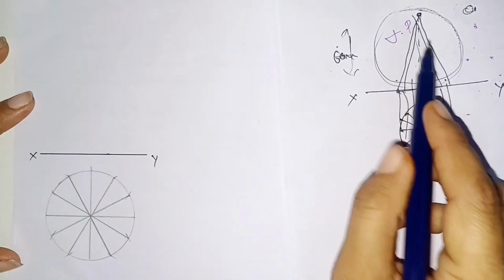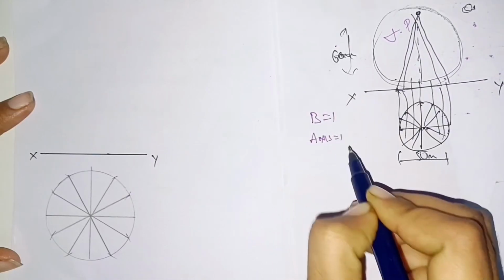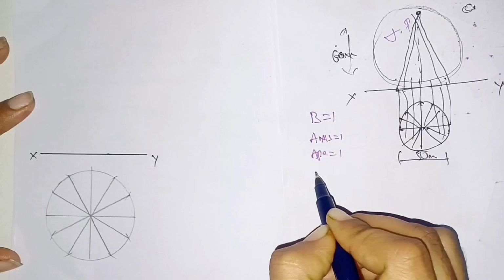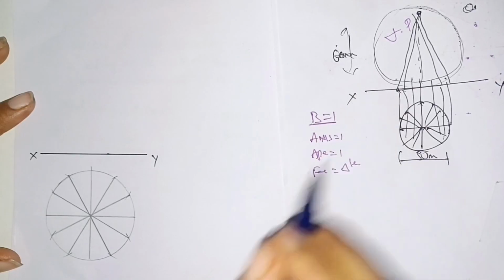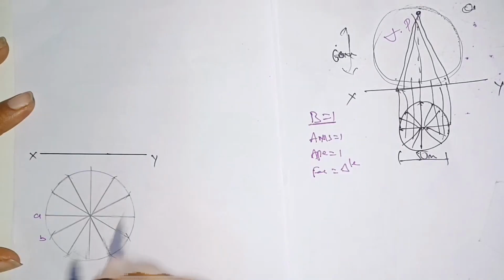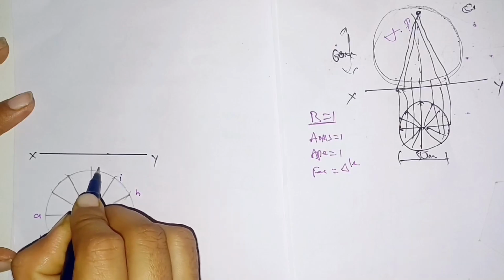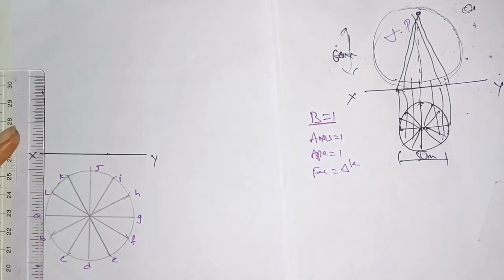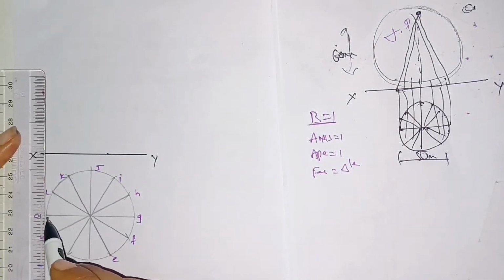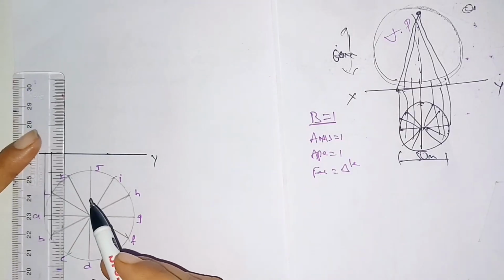So a pyramid has only one base. Base is equal to 1, axis also 1, apex also 1, and the faces are triangular. So for the one base you give only one name, that is A, B. This is the HP plane, that's why I am mentioning A, B, C, D, E, F, G, H, I, J, K and L. Next you have to project upward with the projectors: A prime and B prime and L prime.